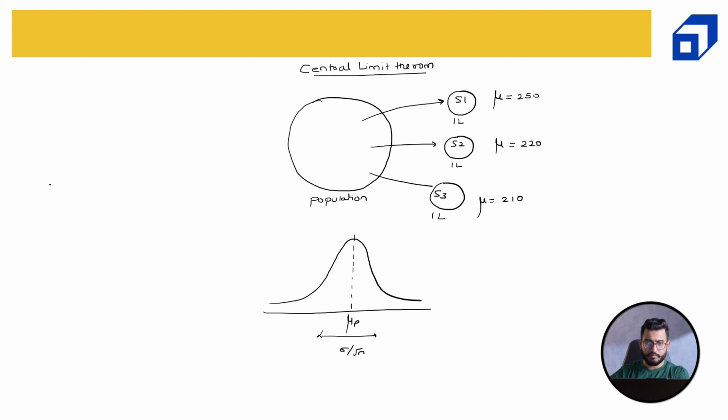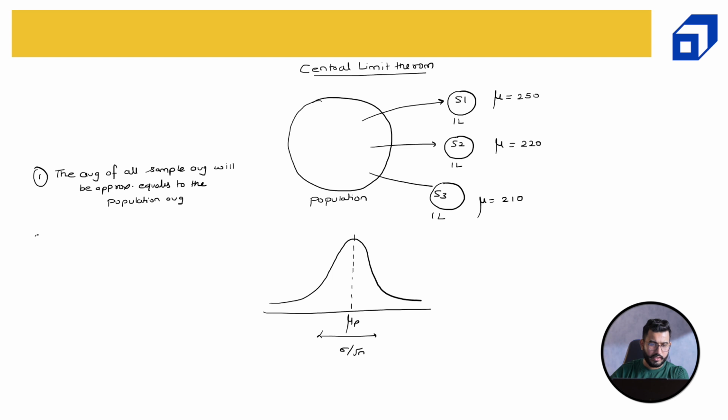So the first property of the central limit theorem is that the average of all sample averages will be approximately equal to the population average.